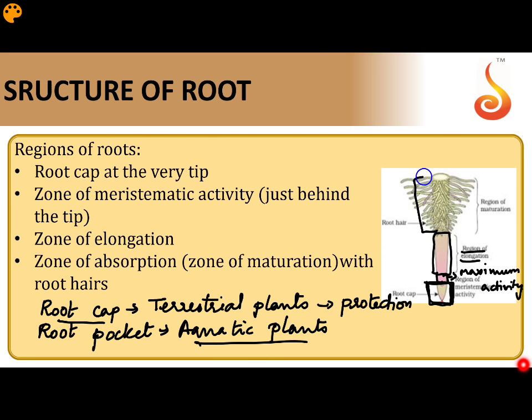Above this region is the region of maturation. From here you can see root hairs developing. These root hairs are the part which is going to absorb water. So, in other words, the region of maturation helps in absorption of water.